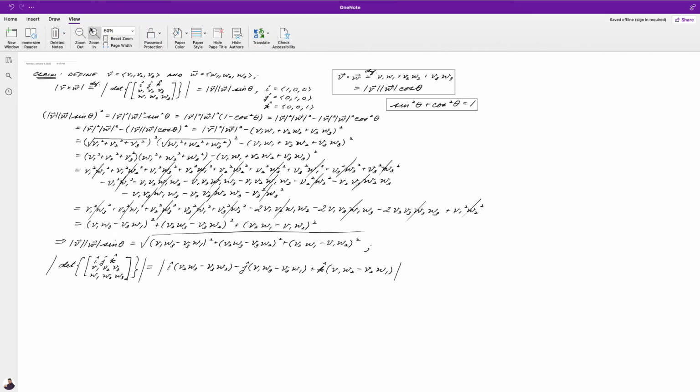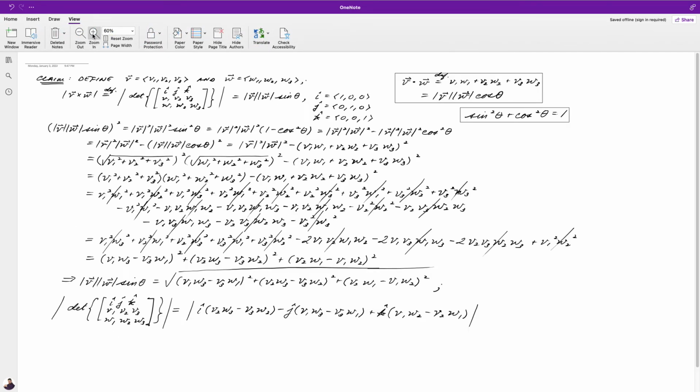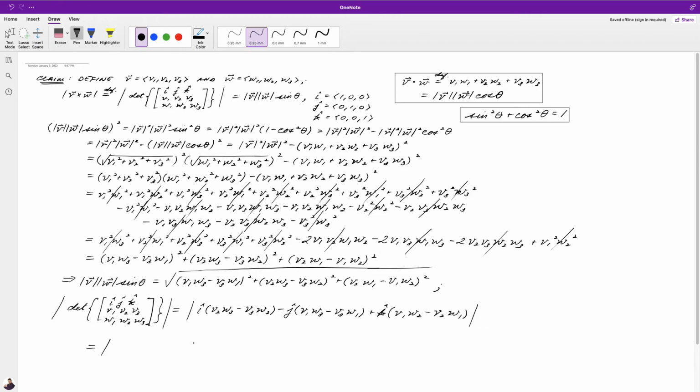Let's get that cleaned up there. Very good. And that's simply going to be the magnitude of the following vector. Well, you have the first component is V2W3 minus V3W2.